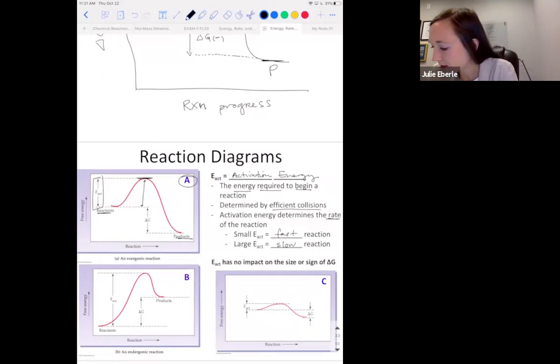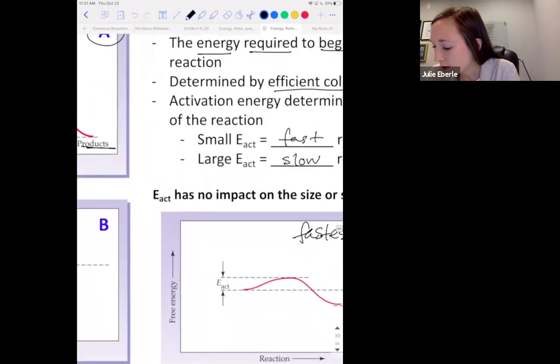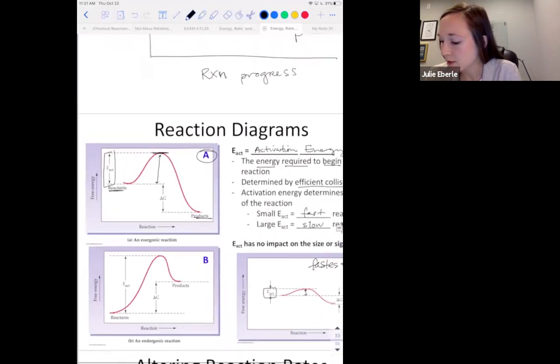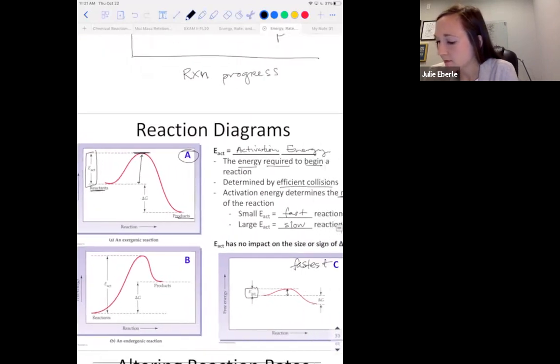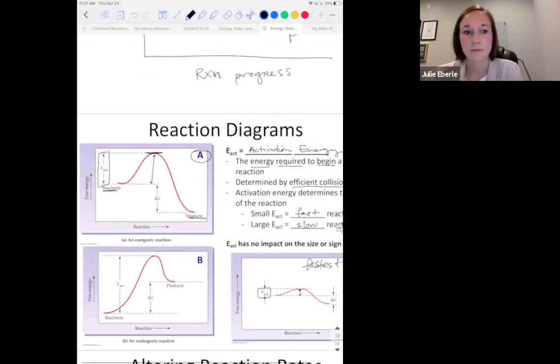C is going to be the fastest, because if you notice, the activation energy is the smallest. Very small. Which one's going to be the slowest, on the other hand? A or B? B, B, B, B. Okay, B has a very large activation energy, super large. So B will be the slowest.